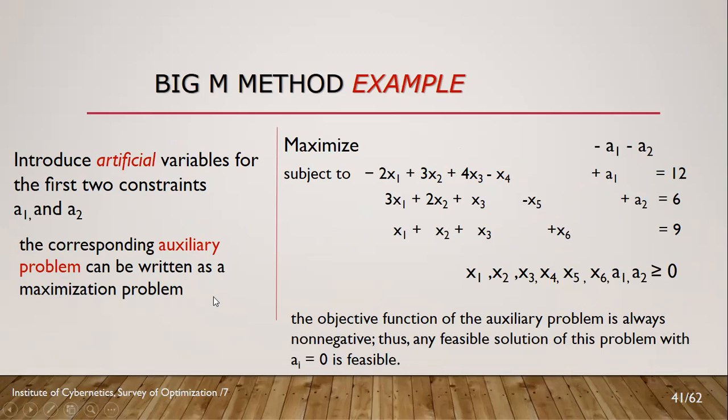Initially, in fact, we dealt with minimization of the sum of a1 and a2, but any minimization can be converted to maximization just by putting a minus sign in front of the expression. So, minus (a1 plus a2) is the same as minus a1 minus a2, and all the other terms of the objective function have been crossed out. Now what happens to the constraints?